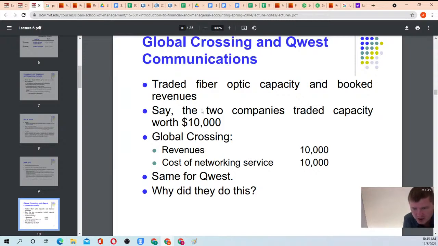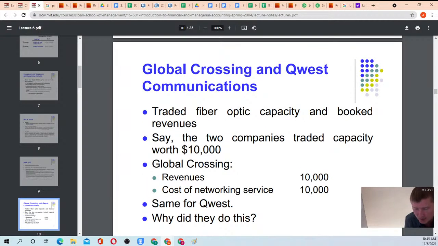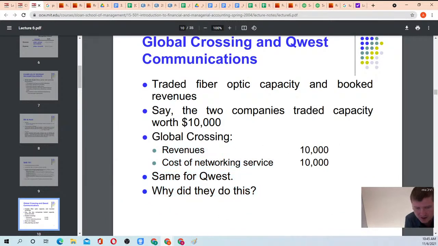Now the question might be whether it was a legit transaction or a fake transaction. If they just do that for blowing up, for increasing their revenues and impressing analysts and the stock market, that's a fraud and they shouldn't have recognized it. But if they really do an exchange and they use that fiber optic capacity, it's a legit transaction because you provided a service.